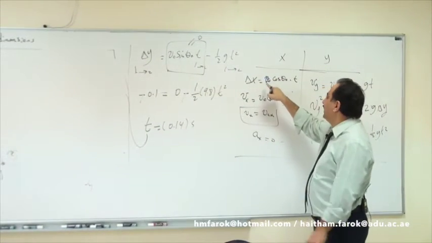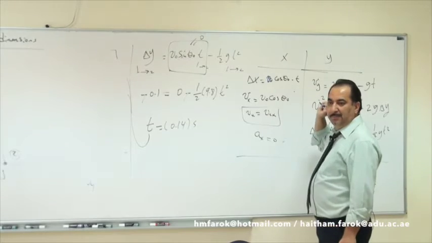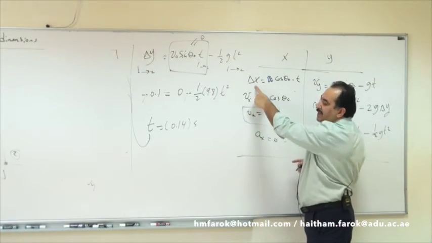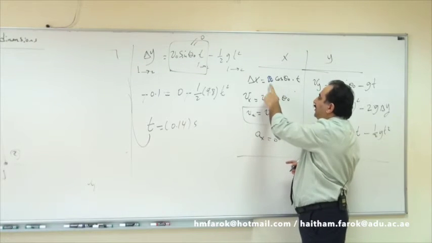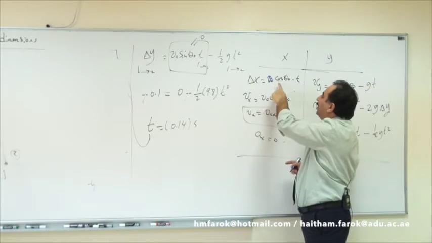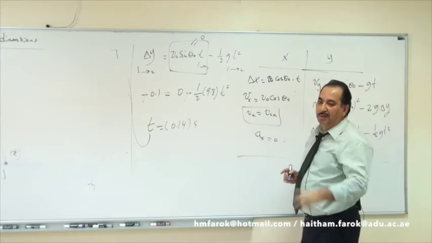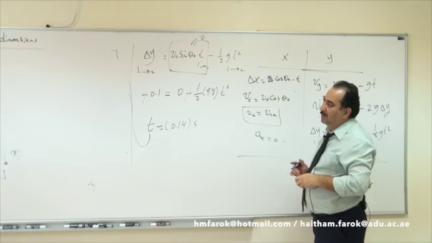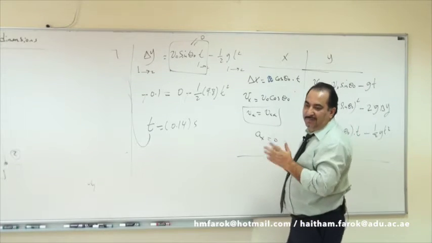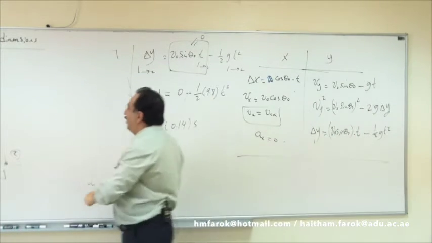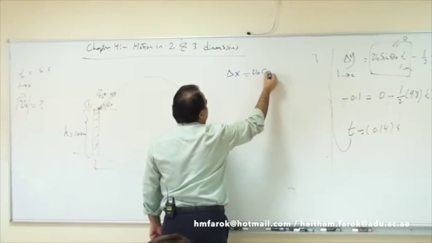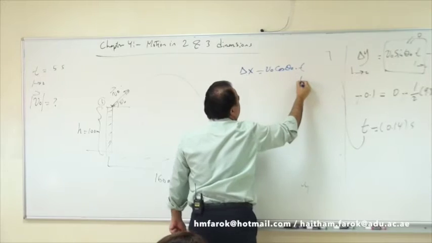Horizontally. Delta x, V naught, cosine theta naught, t. Between 1 and 2. How much is delta x? 160. V naught, unknown. Theta naught, 2 unknowns. Time, unknown? Given. Good. So now I can say horizontally, delta x, V naught, cosine theta naught, t, from 1 to 2.